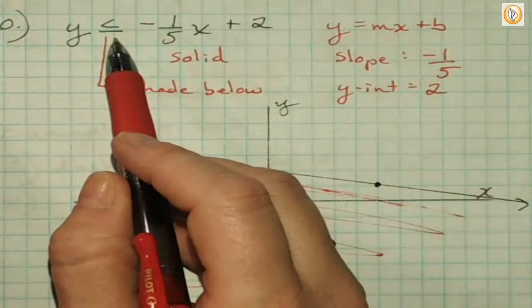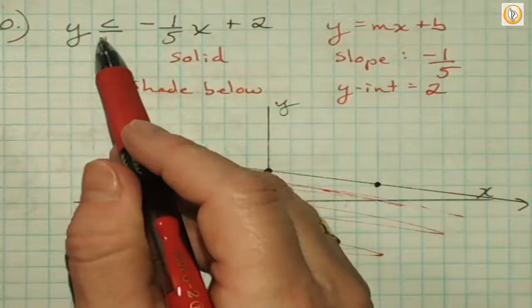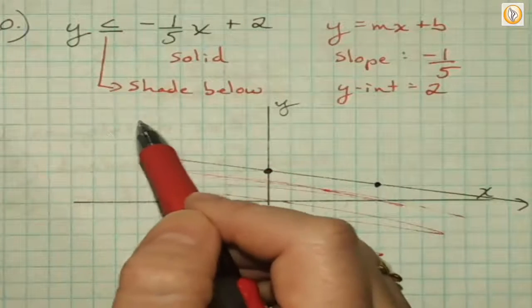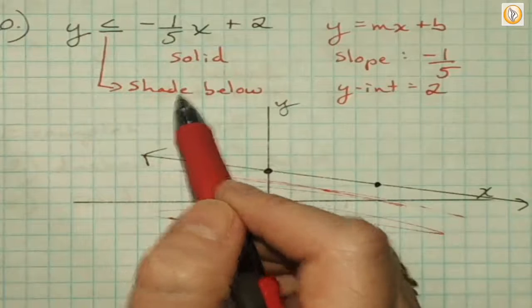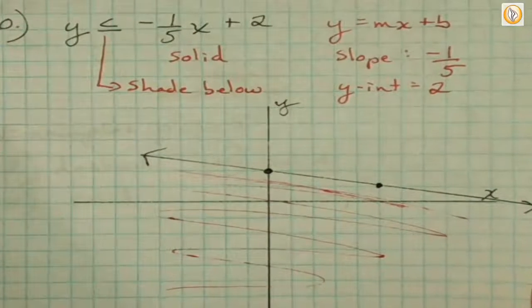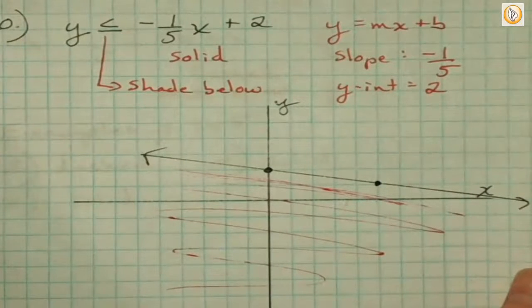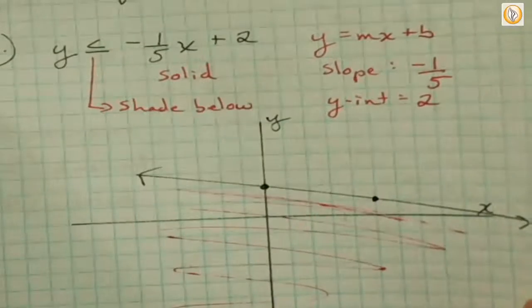If it's less than or less than and equal to, you shade below. Look at your notes. I'm just saying because of the sign, it's shading in that direction. Okay. Sorry, I'm confusing.